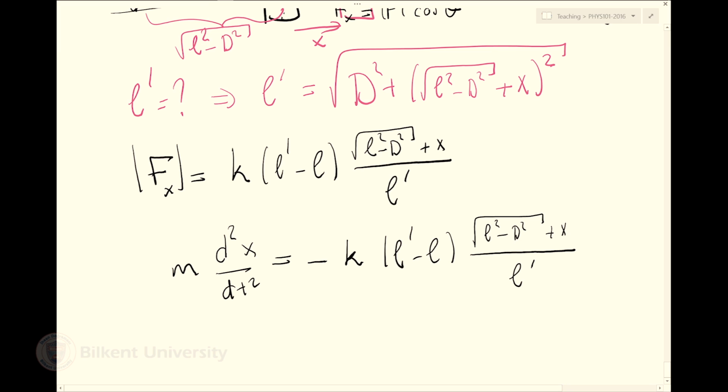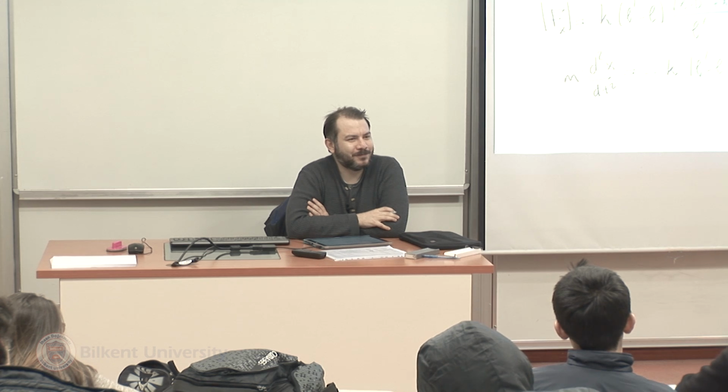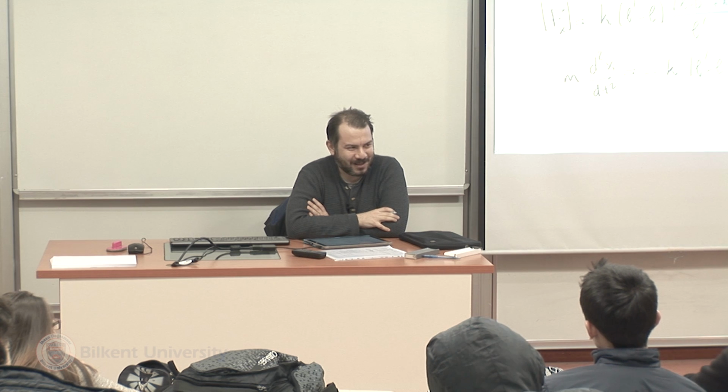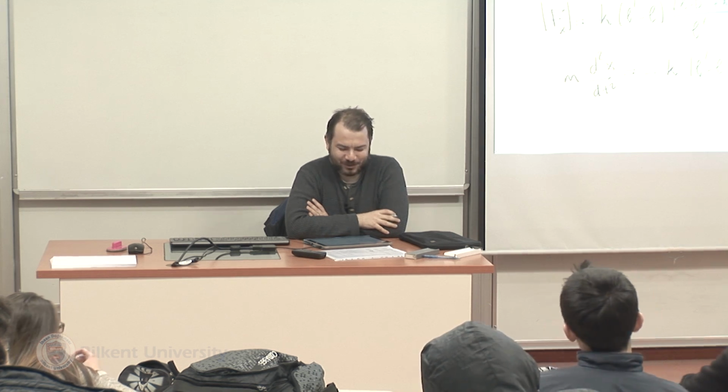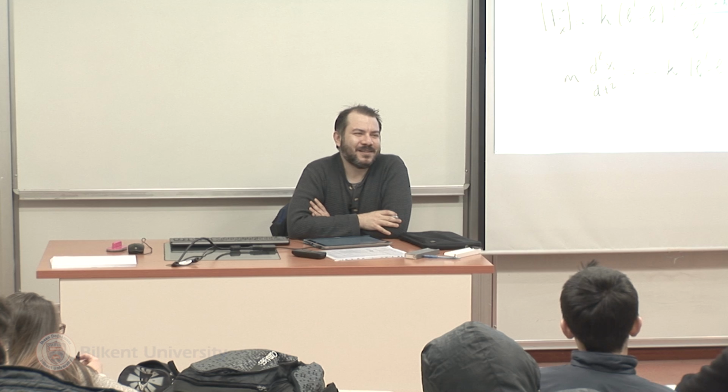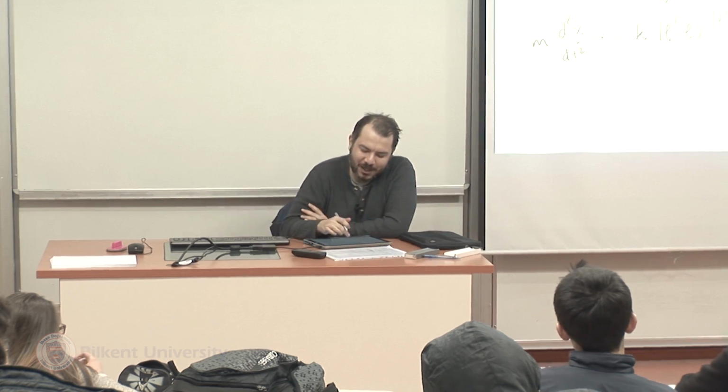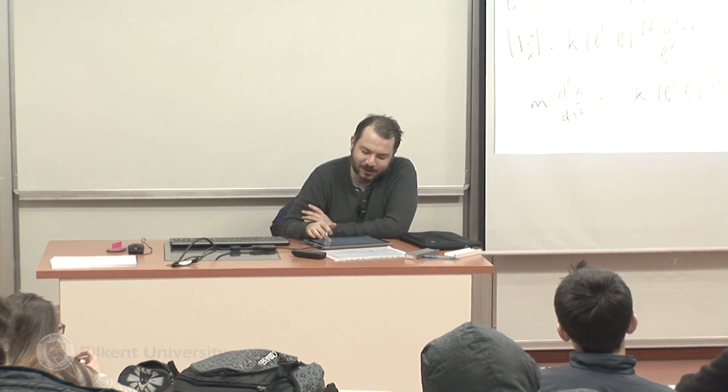Right? Can I solve this differential equation? Yes. Come on. I don't think there's actually a general solution for that. It's too complicated because L prime here also depends on x, right?